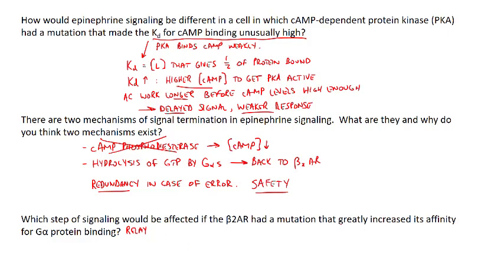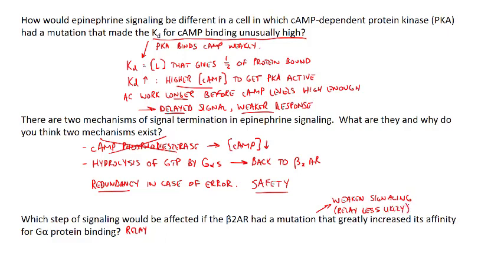And so what would happen is that if the binding of G alpha protein to the beta 2 adrenergic receptor was stronger, this would also weaken our signal by making the relay less likely to happen.